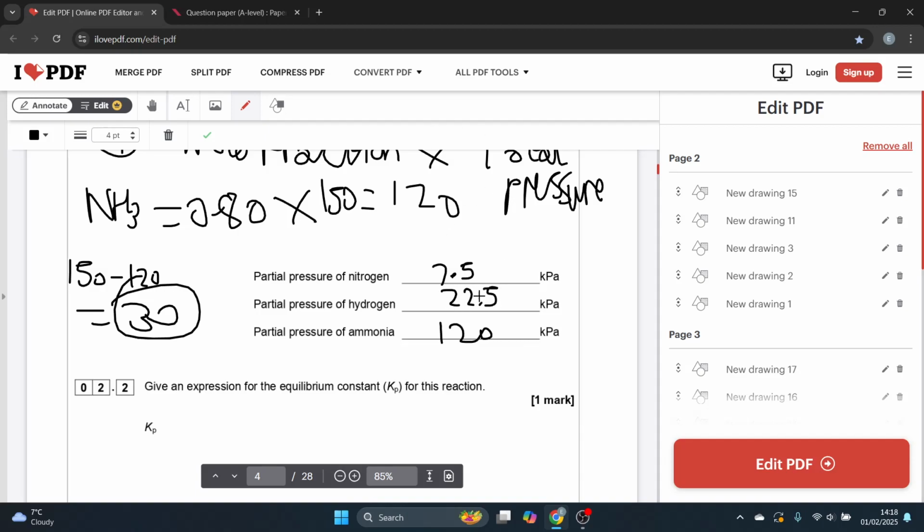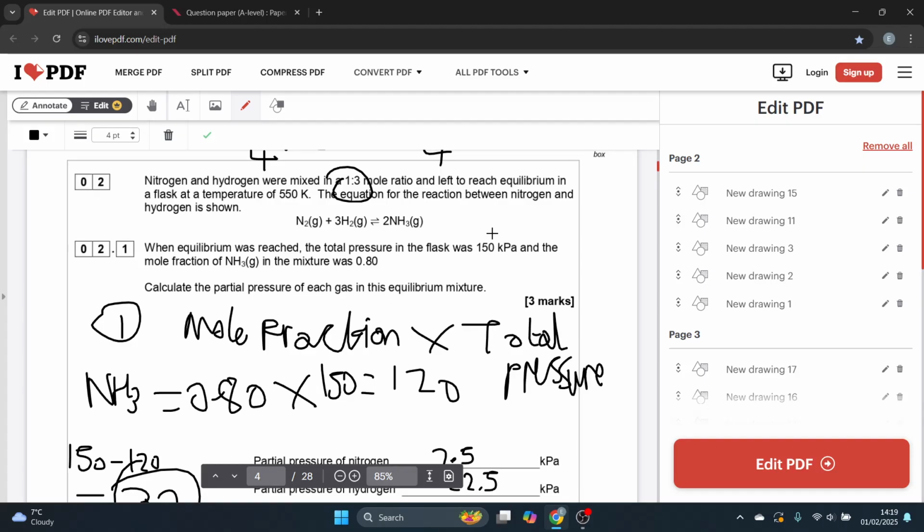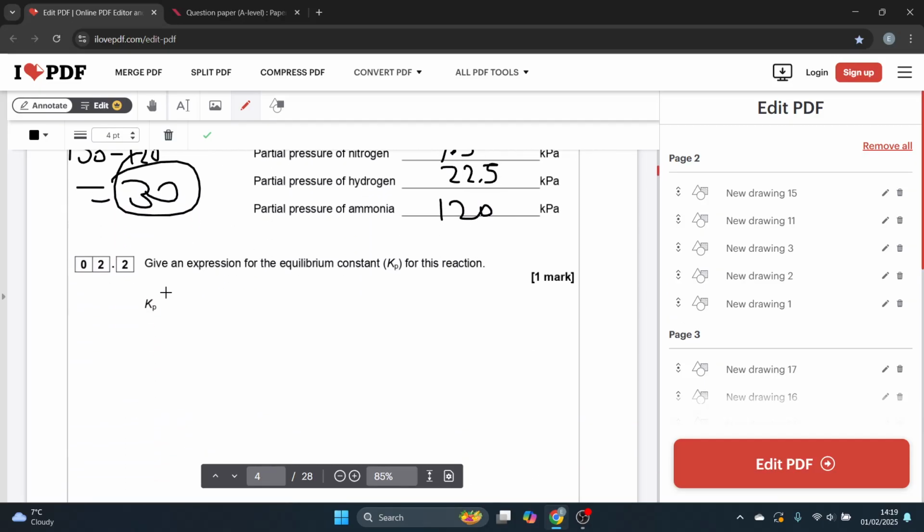So a slightly tricky question. Give an expression for the equilibrium, because I've never seen this type of question. Obviously I have now, and maybe a bit before when I went through this past paper a while ago, but yeah, it's a bit of a weird question. 2.2, give an expression for the equilibrium constant Kp.